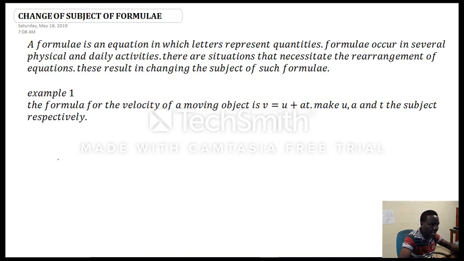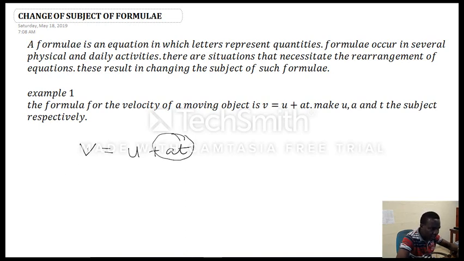And so we have v is equal to u plus at. Making u the subject of the formula means I'm going to take positive at from the right hand side to the left hand side. And how do you do that? In taking at to the other side of the equation, we undo what has been done in this equation.